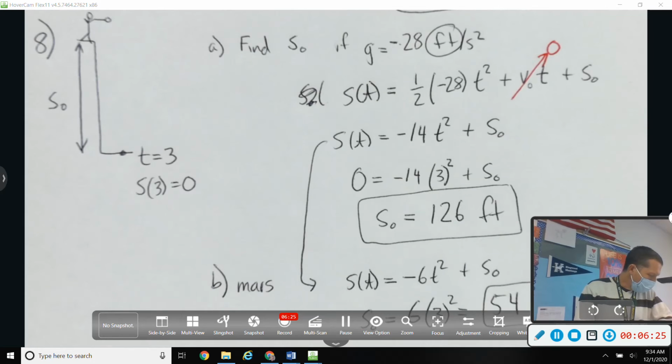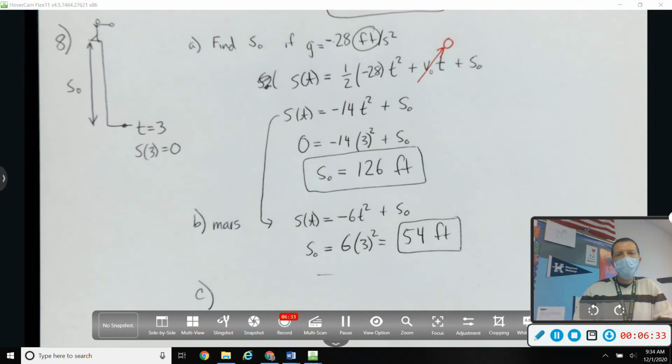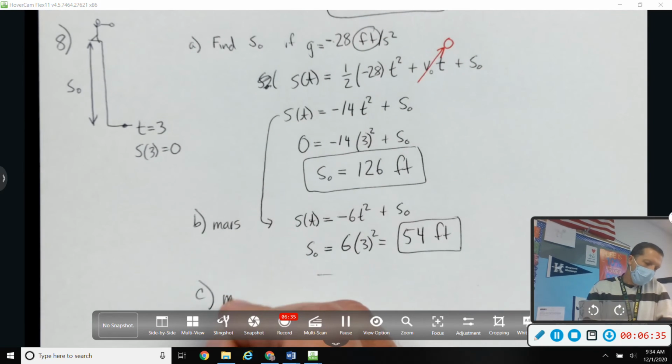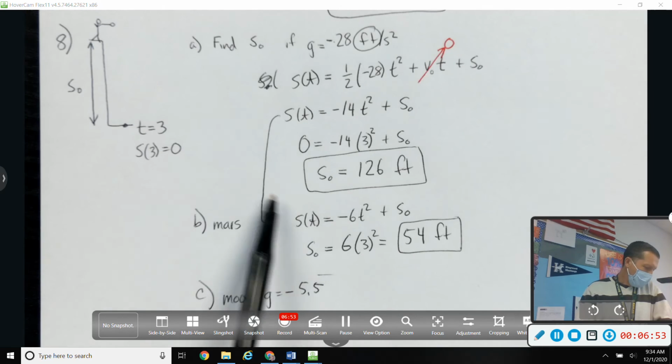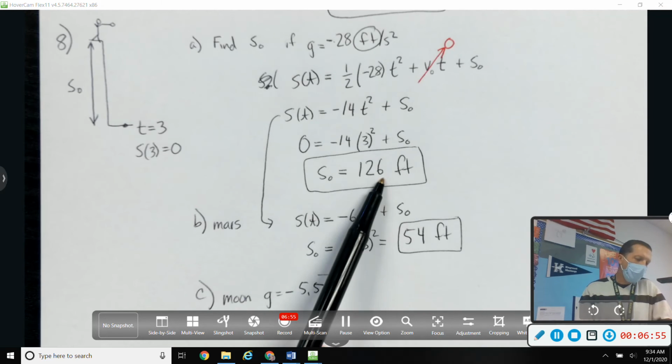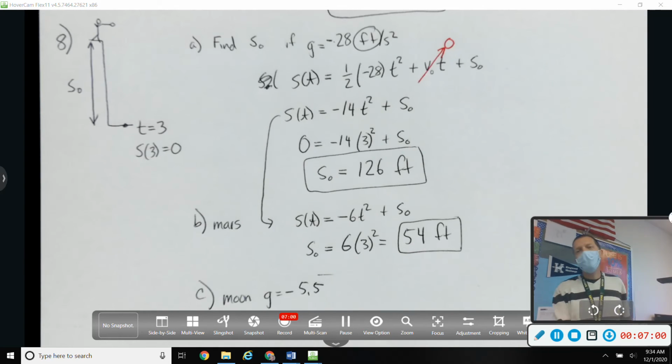And then you could do it for the moon as well. It would be the same process. And based on the pattern, it would be even less. Is that right? Yeah. Because the bigger the gravity is, the further it can fall in 3 seconds. On the moon, not much gravity, so it takes a longer time to fall.